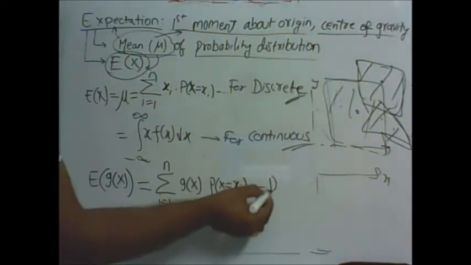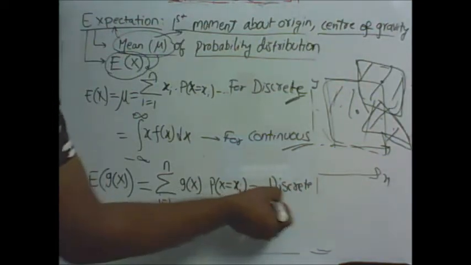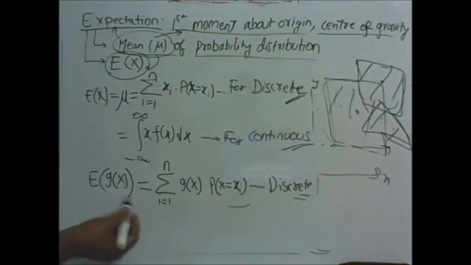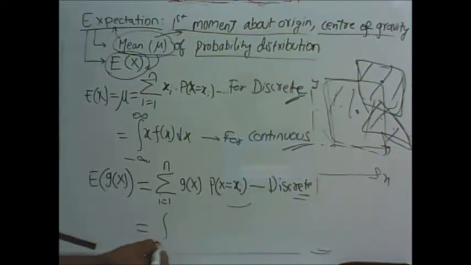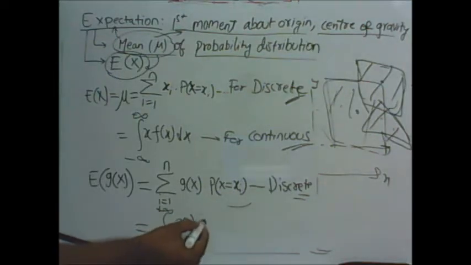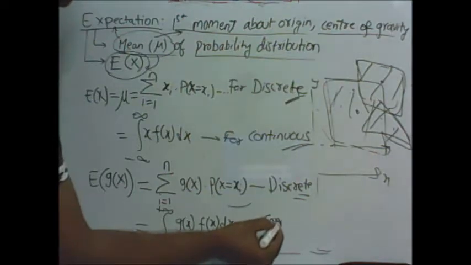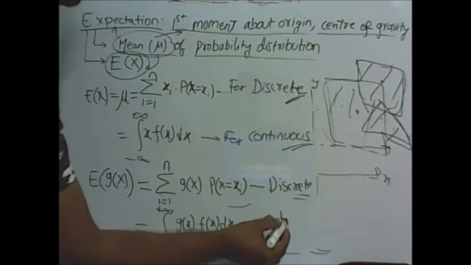That is the discrete case, where the distribution is a discrete random variable distribution. Or it equals the integral from minus infinity to plus infinity of g of x into f of x dx, in case it is a continuous random variable or continuous probability distribution.